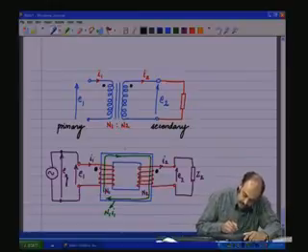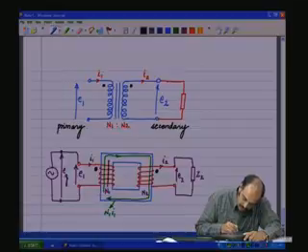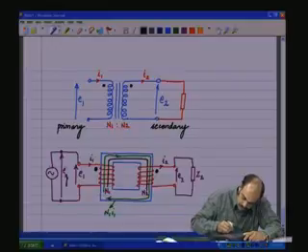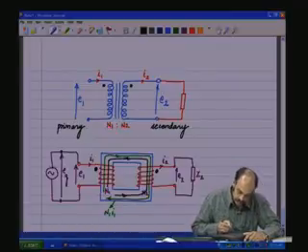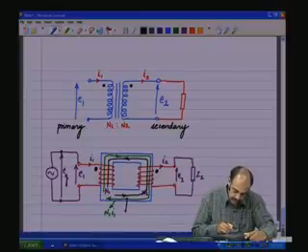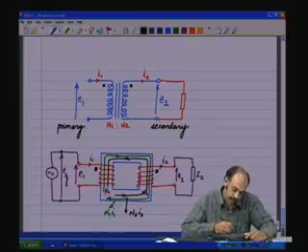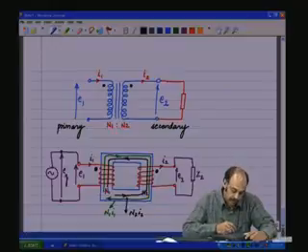So, what happens? We are going to have an MMF which will cancel the earlier MMF, and this is N2 I2. And due to the cancelling effect, the MMF is reduced.